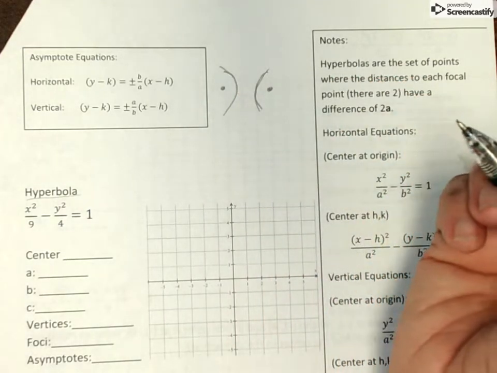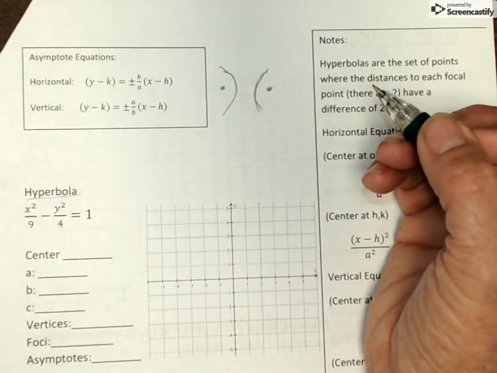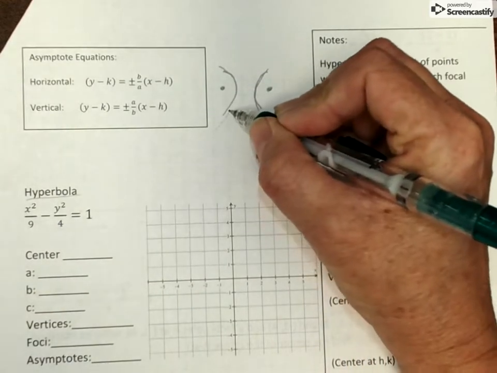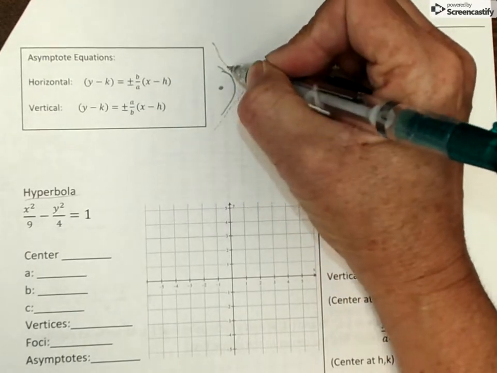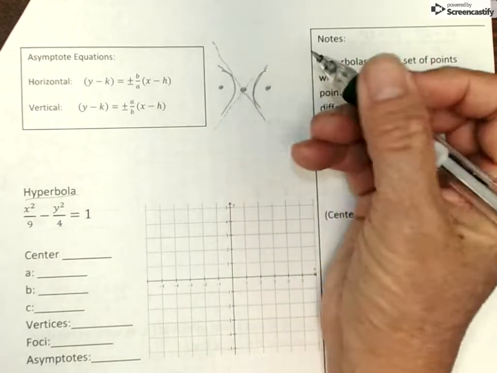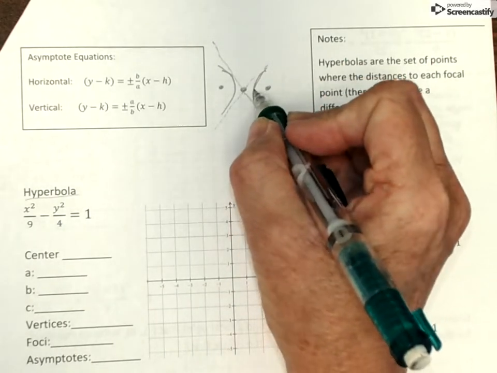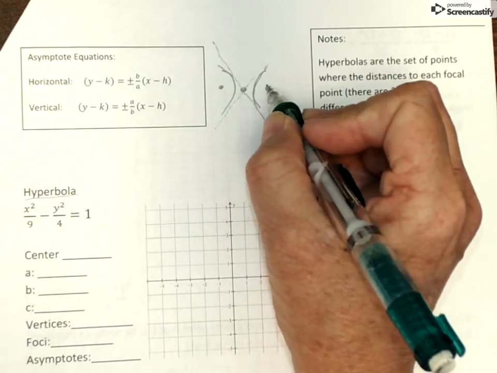The difference with these, aside from having 2 of these compared to a parabola, is that we will have asymptotes. And the asymptotes will go diagonally between these. Where our asymptotes cross is right in the center. So we have a center, a vertex, and then a focus.